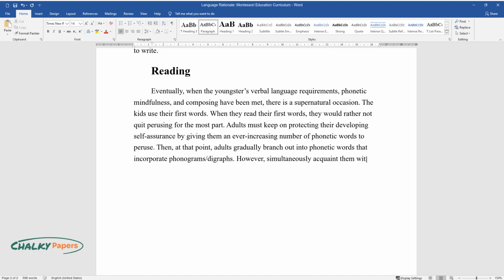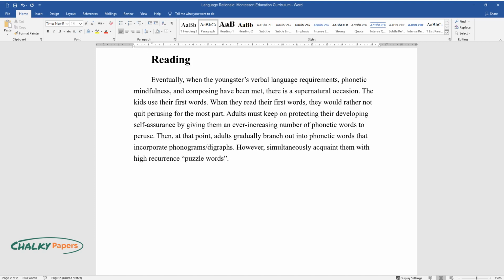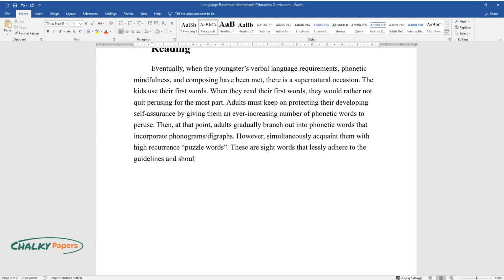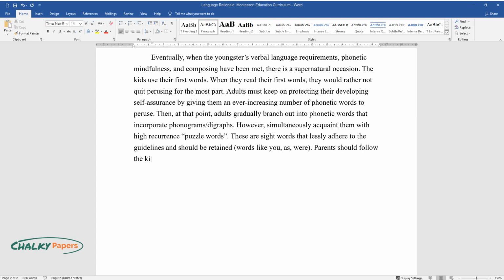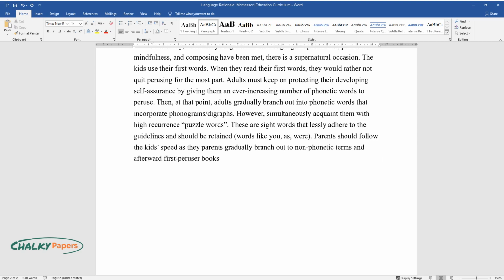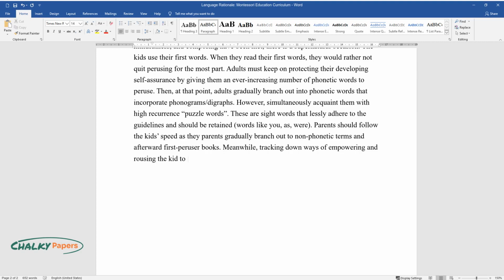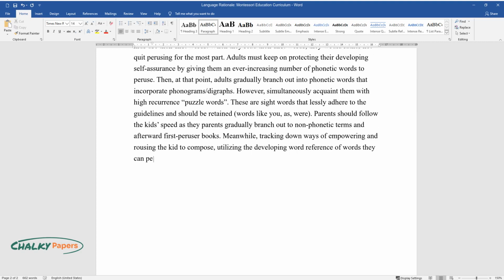However, simultaneously acquaint them with high-recurrence puzzle words. These are sight words that lessly adhere to the guidelines and should be retained, words like you, as, were. Parents should follow the kids' speed as they gradually branch out to non-phonetic terms and afterward first peruser books. Meanwhile, tracking down ways of empowering and rousing the kid to compose, utilizing the developing word reference of words they can peruse.